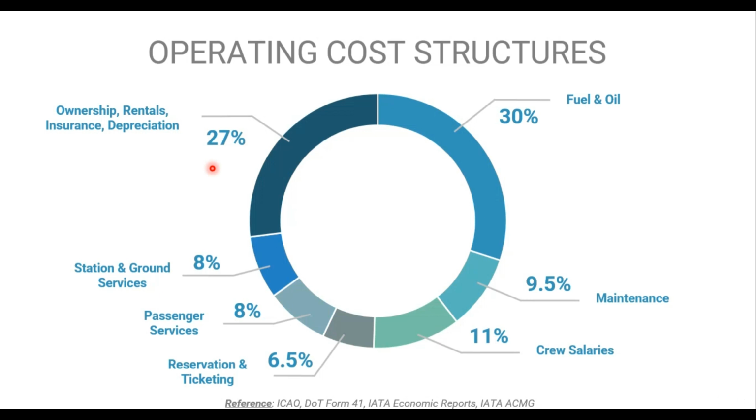This is a huge number, okay? We're talking almost about a quarter of the entire cost structure going to the depreciation of the aircraft. And this is why I want to emphasize today how dealing with the aircraft systems and performance will actually affect the aircraft value.